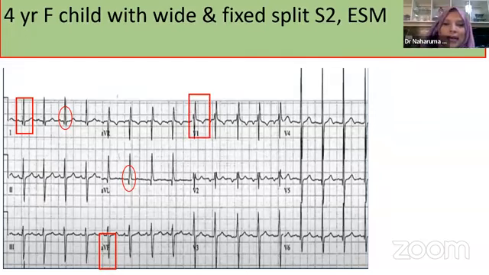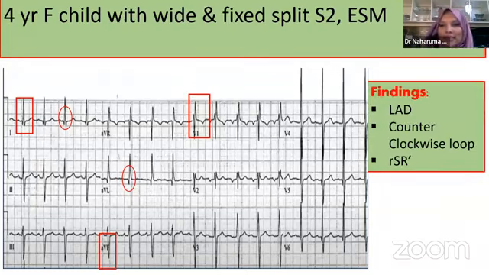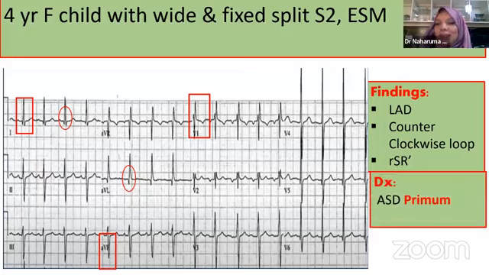Next to that, RSR pattern, which is suggestive of volume overload due to ASD. These are the findings: left axis deviation, counterclockwise loop, and RSR pattern in V1. So this is suggestive of ASD primum. So this axis and clockwise or counterclockwise loop tells us the classification of the different types of ASD.